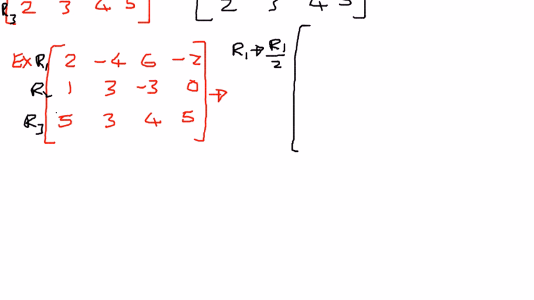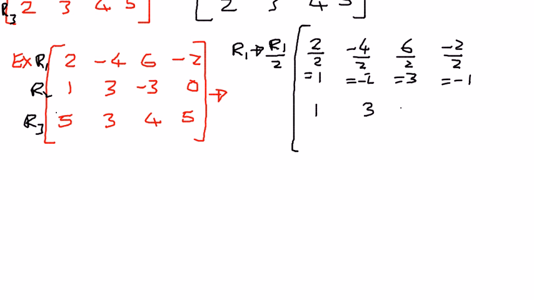That means we take 2 divided by 2, which is equal to 1, -4 divided by 2, which is equal to -2, 6 divided by 2, which is equal to 3, and -2 divided by 2 is equal to -1. And the second row and third row we can write as is, which is 1, 3, -3, and 0, 5, 3, 4, and 5. So this is the way we can write it.